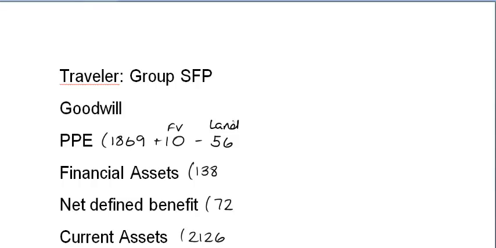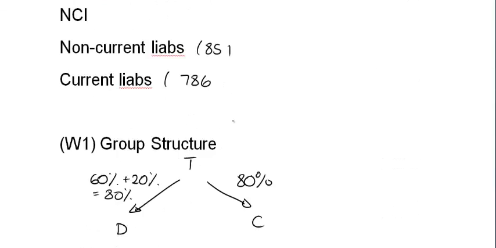I'm going to reduce profits by 56. If we pop down to group profits, land 56, like so. And again, there's another marker we managed to pick that up. Again, tricky stuff.